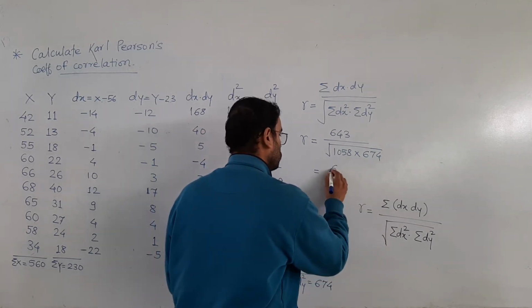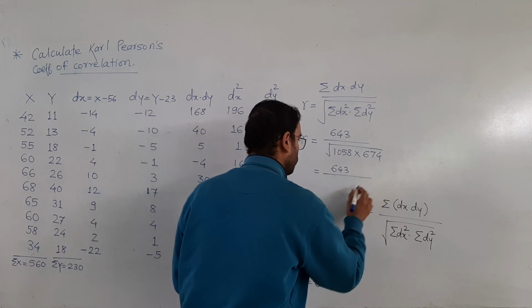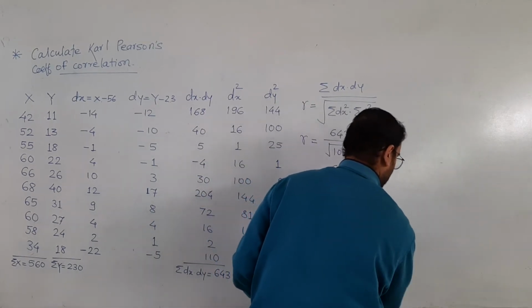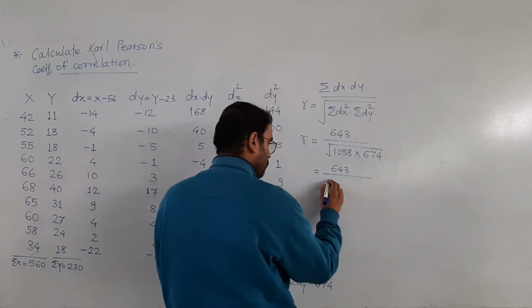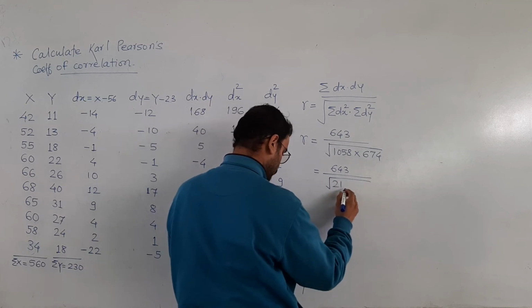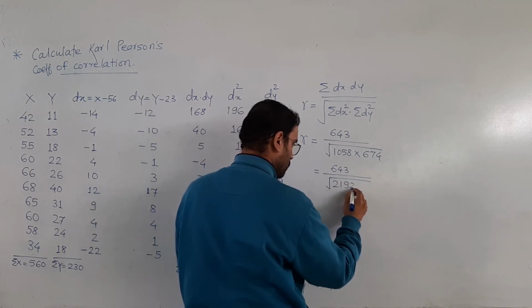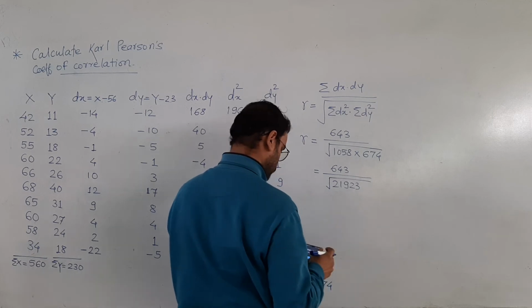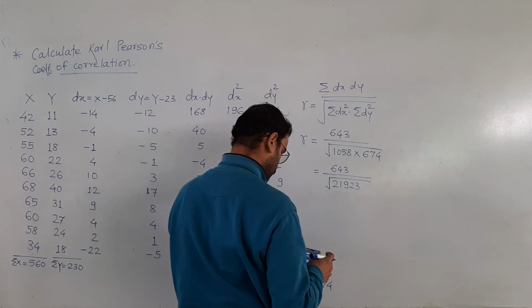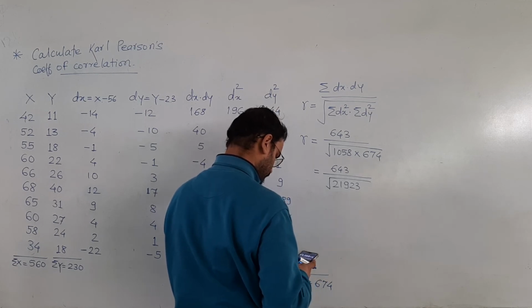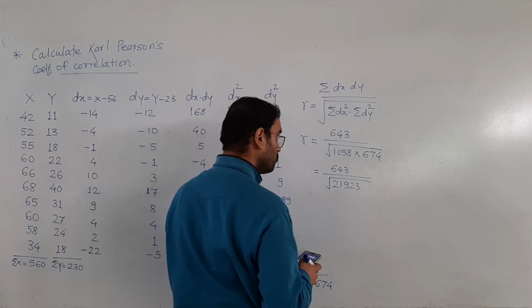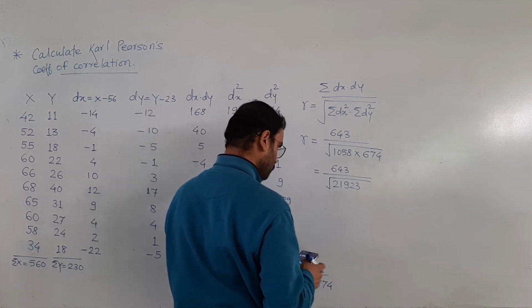So 643 divided by, now we will erase that formula, under root of 1058 into 674.